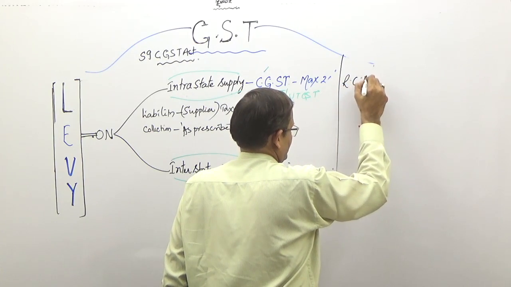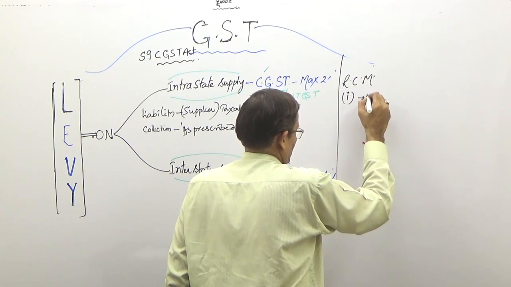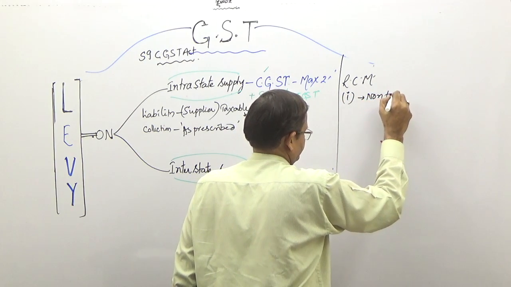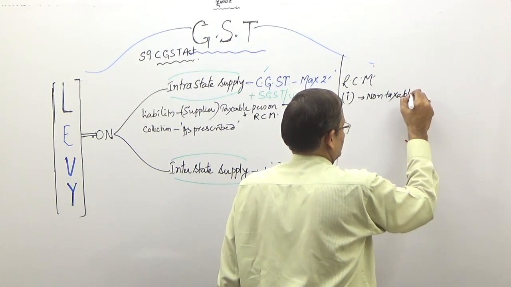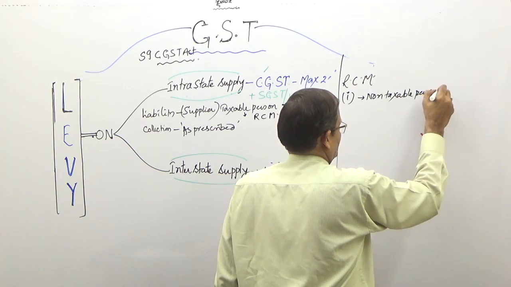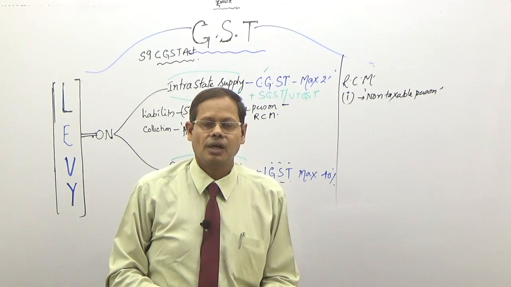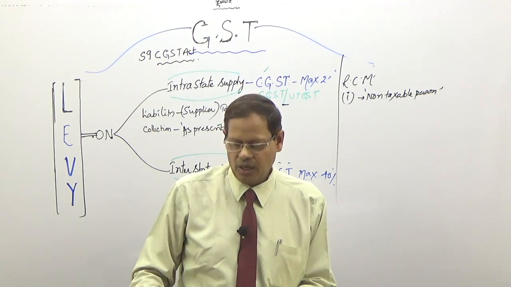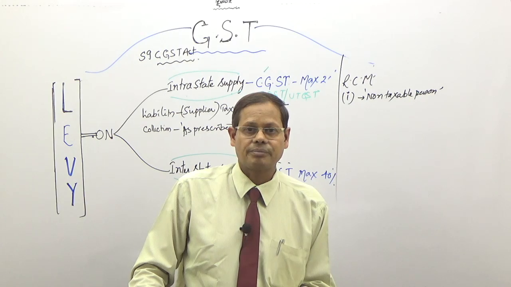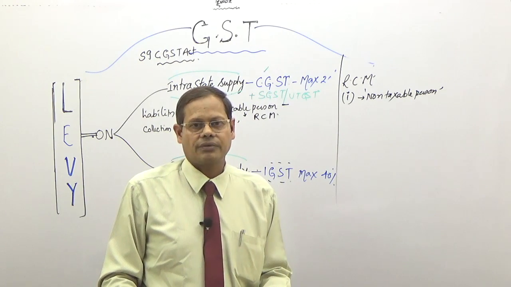Reverse charge mechanism means, number one, you are a non-taxable person. Non-taxable person means non-registered. You are not required to get yourself registered. Maybe you are exempt, an agriculturist, you are exempt. A person supplying exempted goods or exempted services is not required.